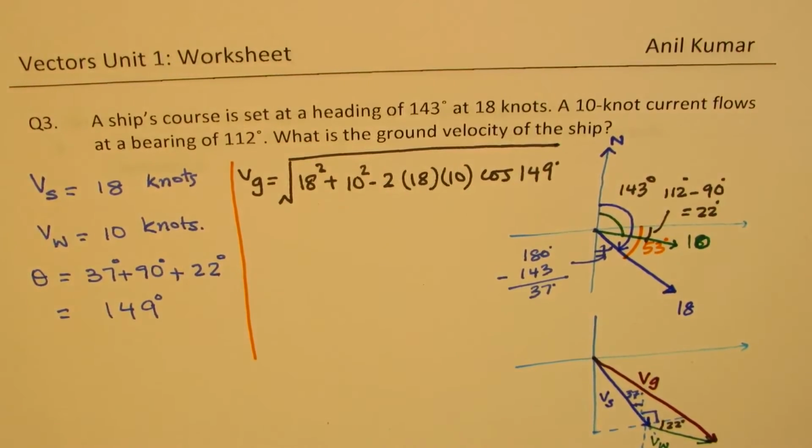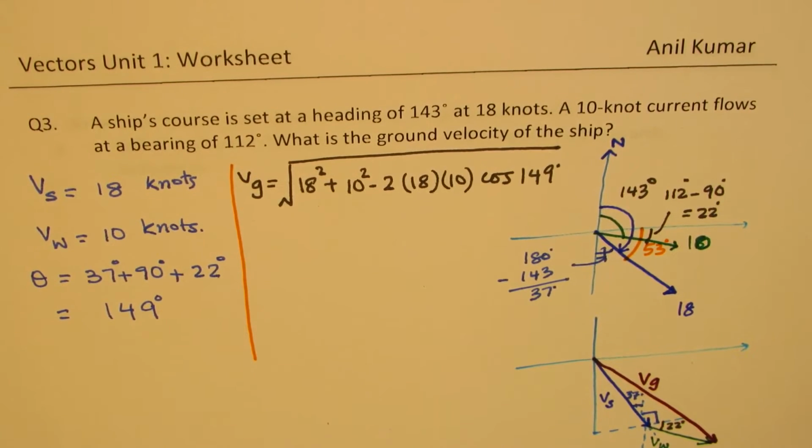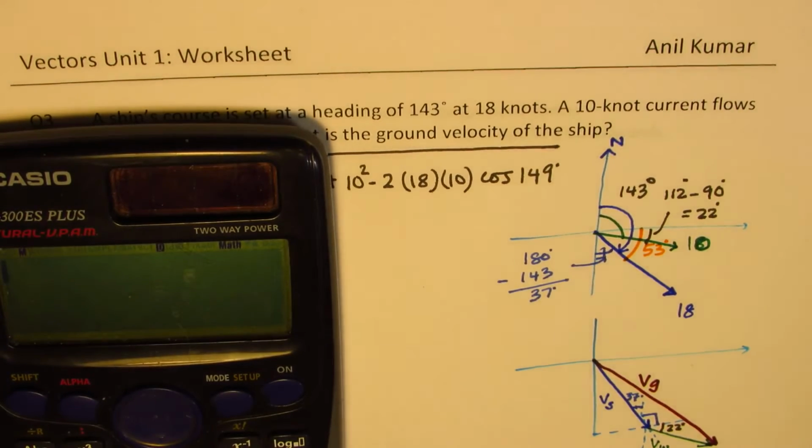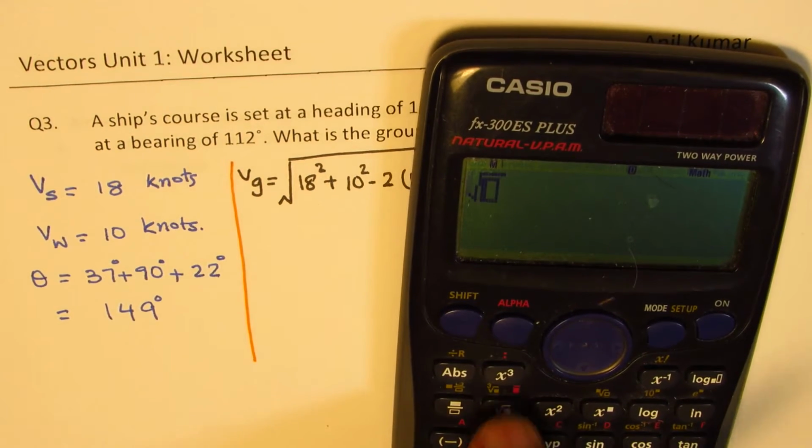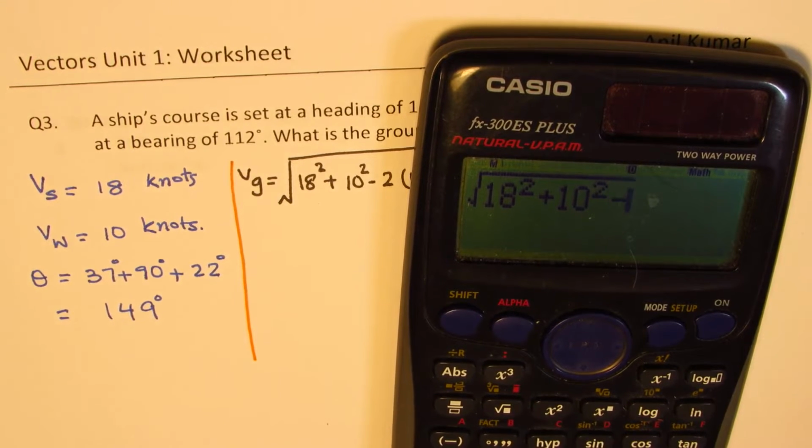So that becomes the component of resultant. So we have square root of 18 square plus 10 square minus 2 times 18 times 10 times cos of the angle 149.